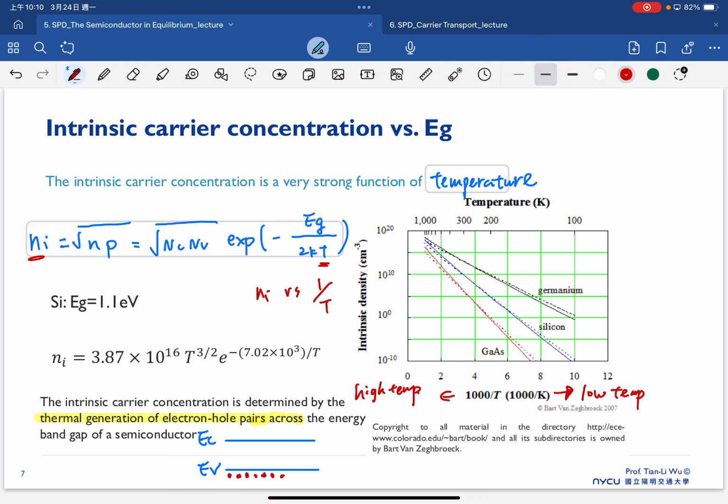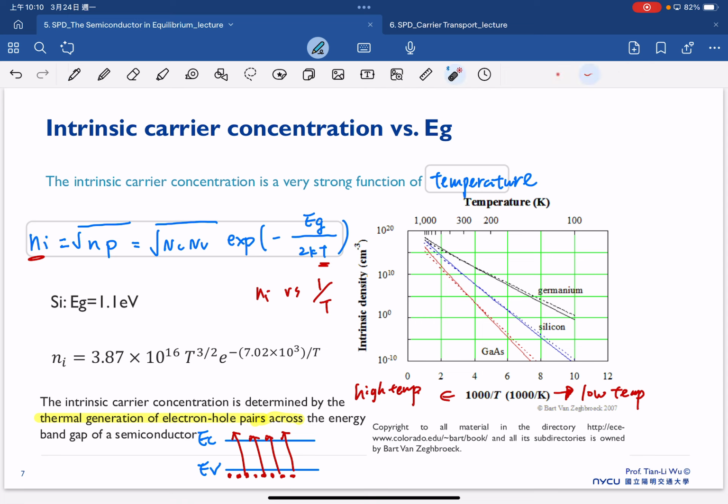We all know right now we have a lot of electrons in the valence band, and the reason we have an intrinsic carrier concentration is that carriers can cross the band gap due to the thermal generation of electron hole pairs.